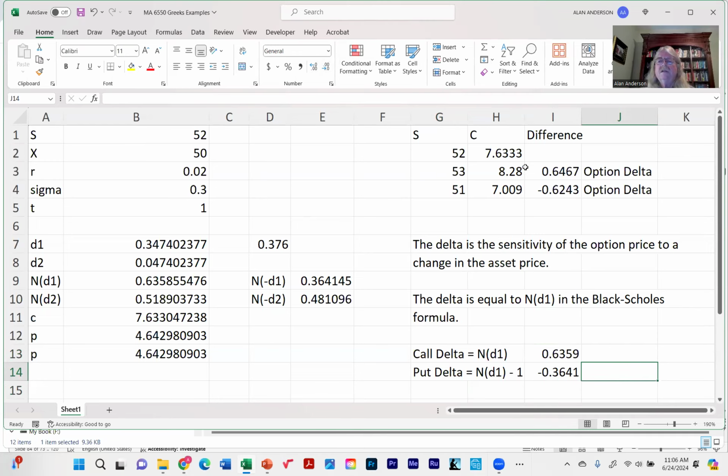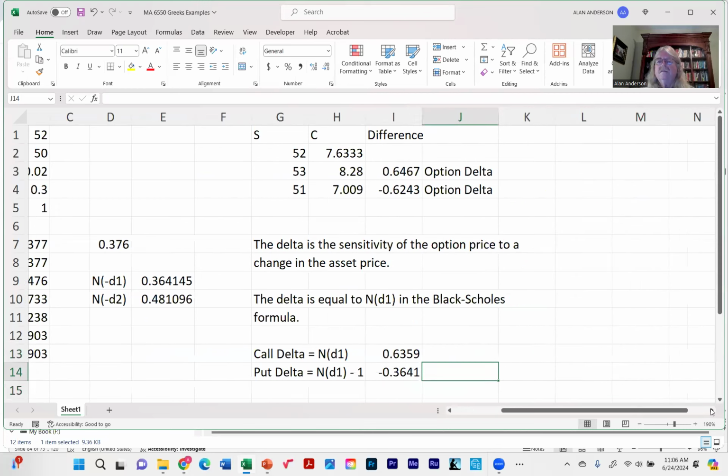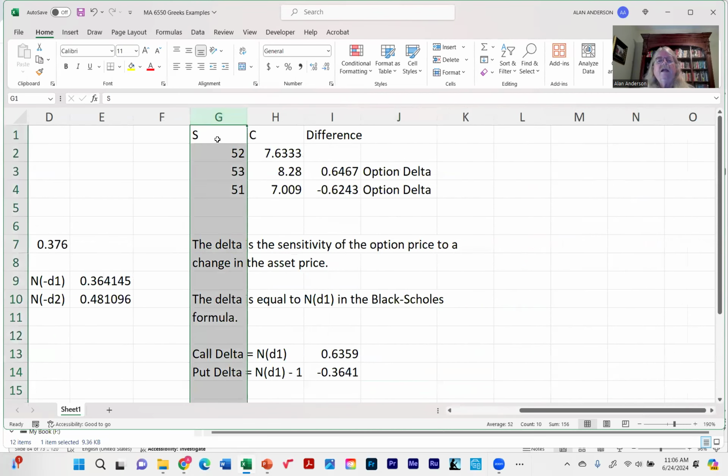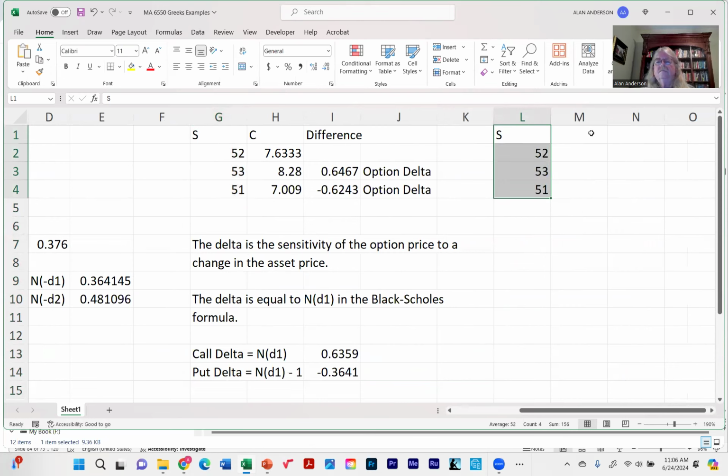Let's see what happens. Let's make this a little chart, except with the put prices. And let's see how accurate it is.